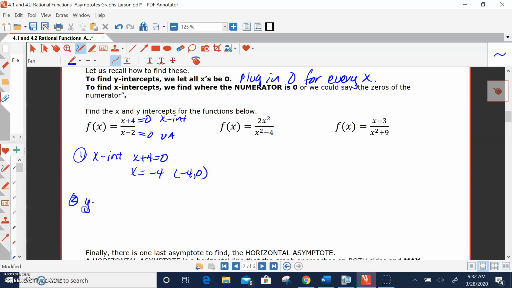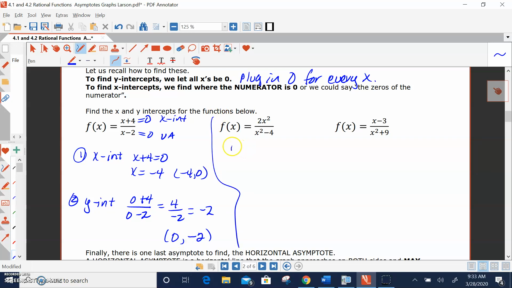To find the y-intercept, I'm going to put a 0 everywhere I have an x. 0 plus 4 over 0 minus 2, and that becomes a what? 4 over a negative 2, which is negative 2. So my y-intercept is at 0, negative 2. Writing those as an ordered pair, remember x-intercept has a 0 for y, y-intercept has a 0 for x.